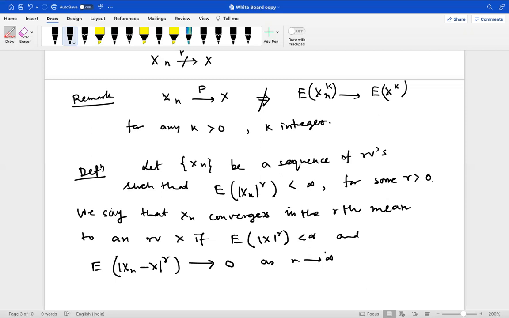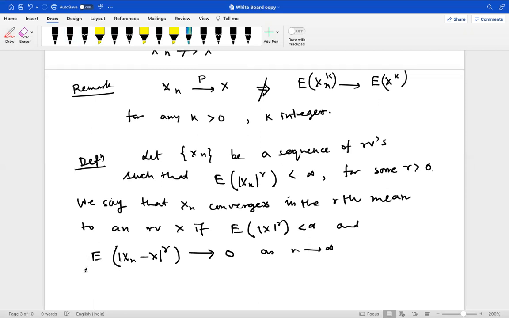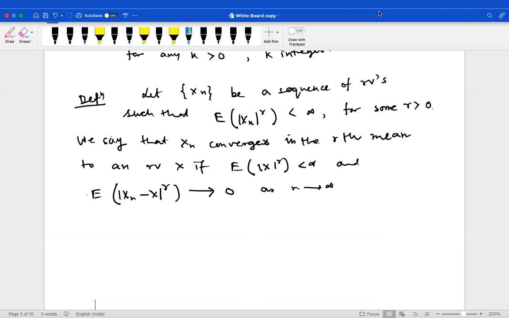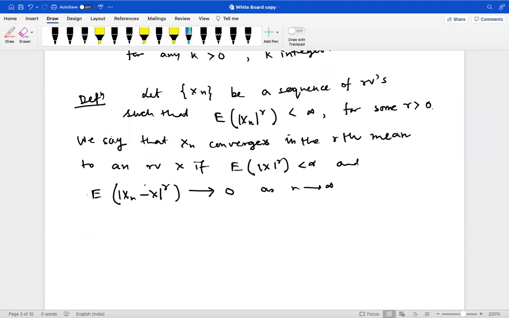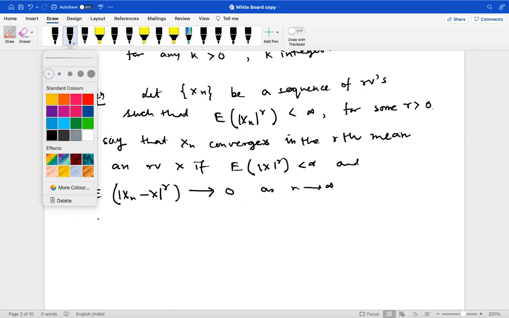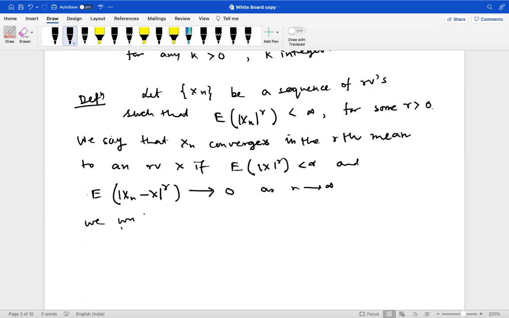And we write that Xn converges to X in the rth moment, with small r.